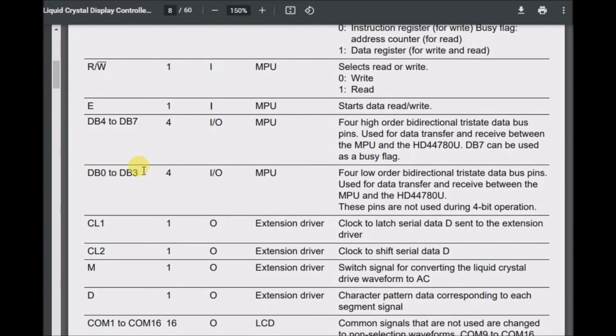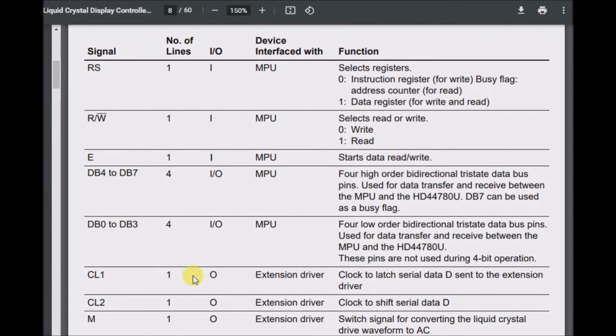CL1, 1 line, output, interfaced with extension driver, clock to latch serial data D sent to the extension driver. CL2, one line, output, extension driver interfaced with, clock to shift serial data D.